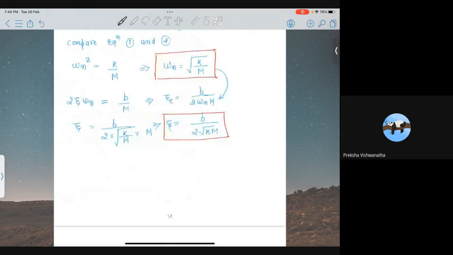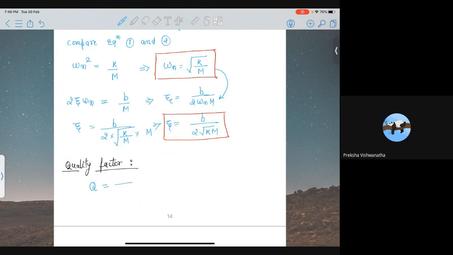So the quality factor of this system, we have denoted it with Q, is omega naught m by b, or first we will write in terms of zeta.